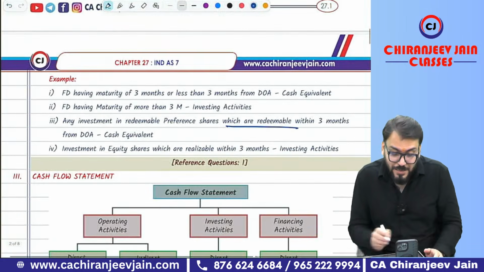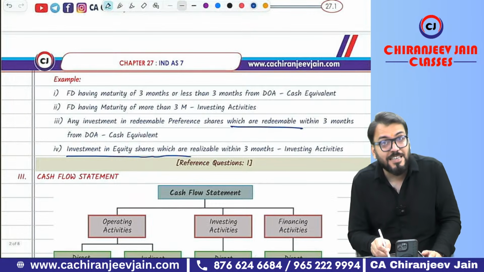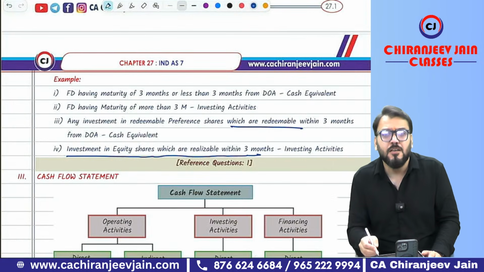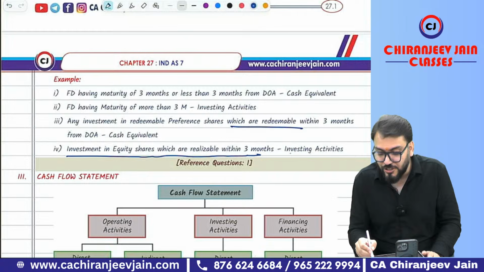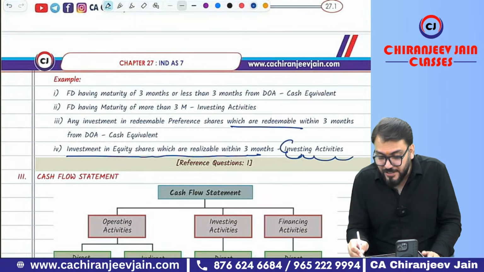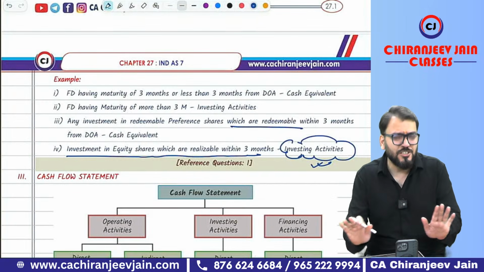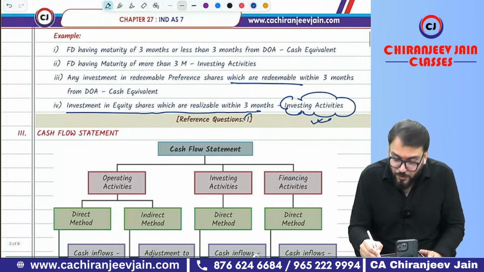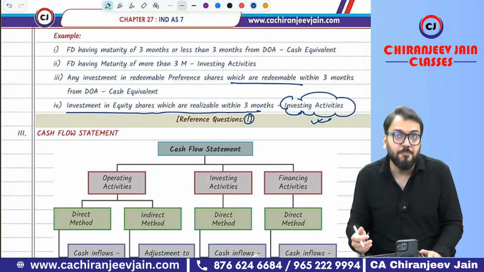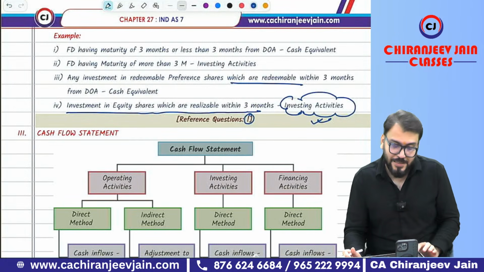Got this point? But any investment in equity shares which are realizable within 3 months from the date of acquisition cannot be a cash equivalent because it is subject to high risk, and therefore it will be an investing activity. I hope you understood this much. However, you can refer to question number 1 where more examples about cash and cash equivalent are given.